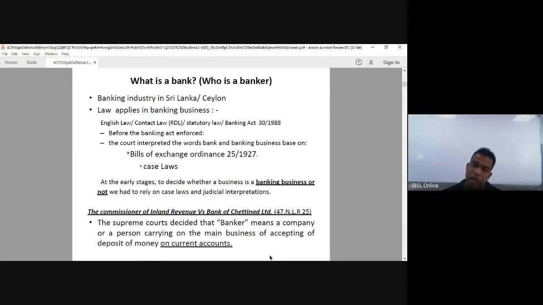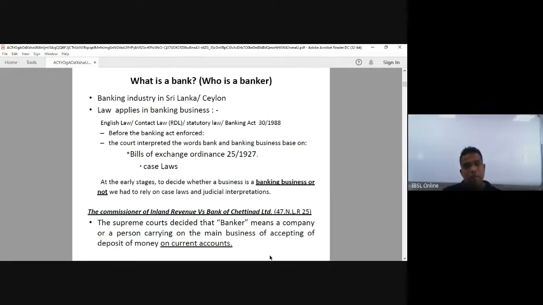Since we didn't have a Banking Act in 1927, when there was an issue regarding the interpretation of bank or banking business, we had to rely on the Bills of Exchange Ordinance. If it didn't provide any interpretation, then we had to rely on the law of England.